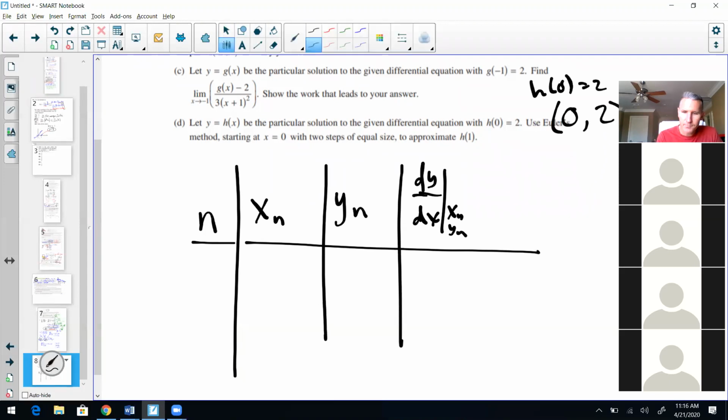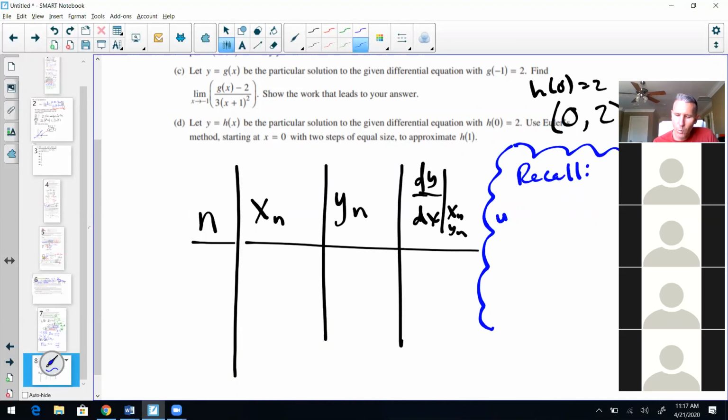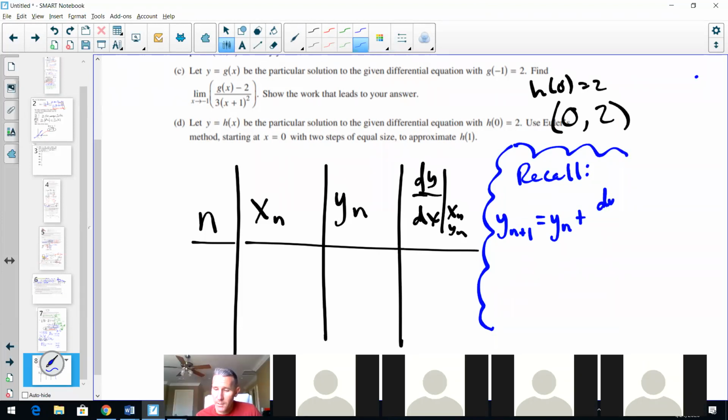And this was the big thing: y sub n plus 1 is equal to, so the next y value is equal to the previous y value plus dy/dx evaluated at x sub n, y sub n, times h, where h is my step size. Do you guys remember that now?